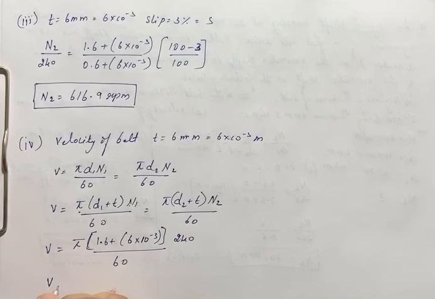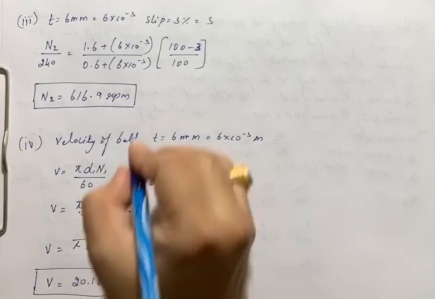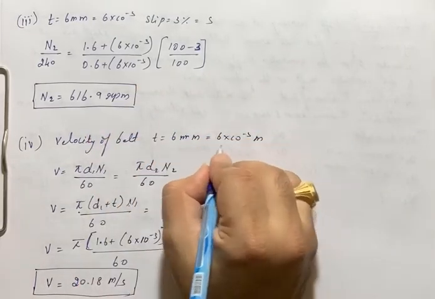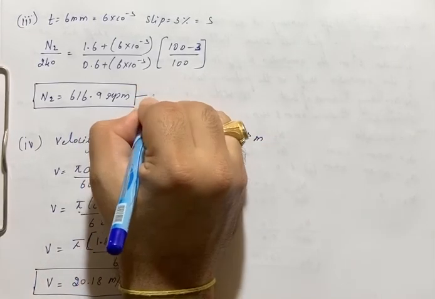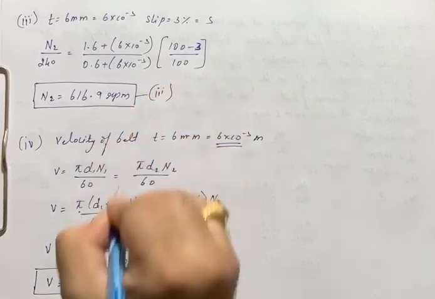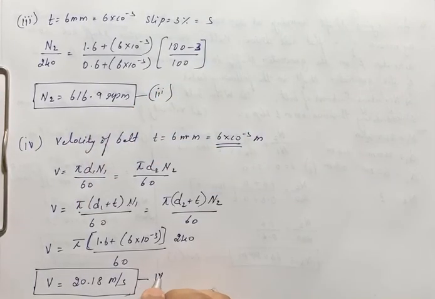So we will get velocity as 20.18 meter per second. This is the linear velocity of the belt considering the thickness as 6 mm. This is for the third one, and this is the fourth one.